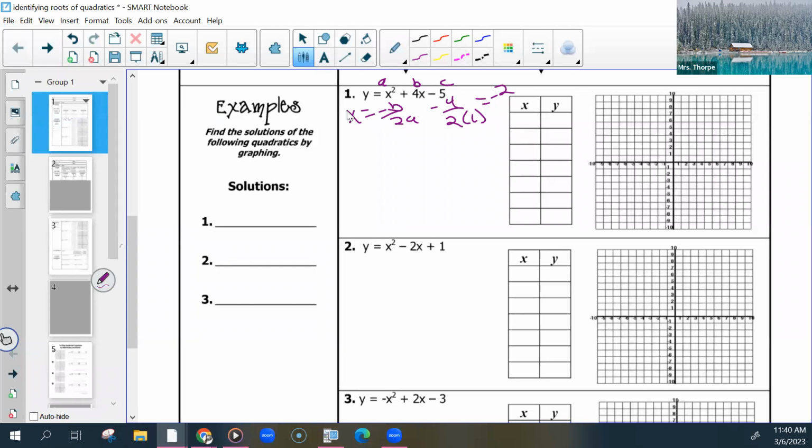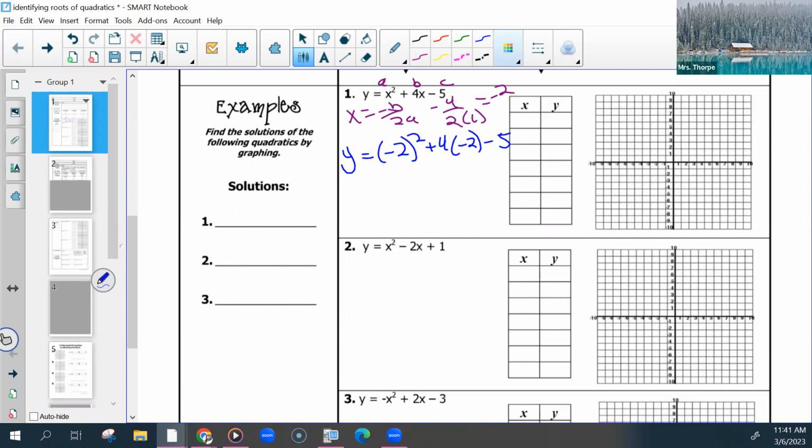Then we'll have to find our y value, put that -2 in for all your x's. Be careful with your negatives, use parentheses. You can put that all in your calculator all at once. You can do it in pieces.